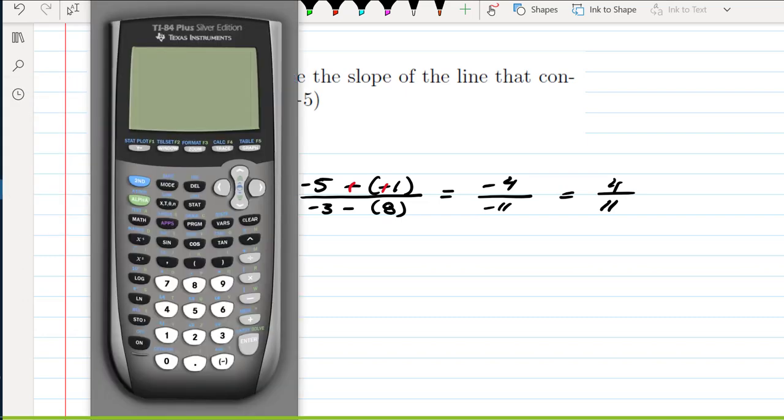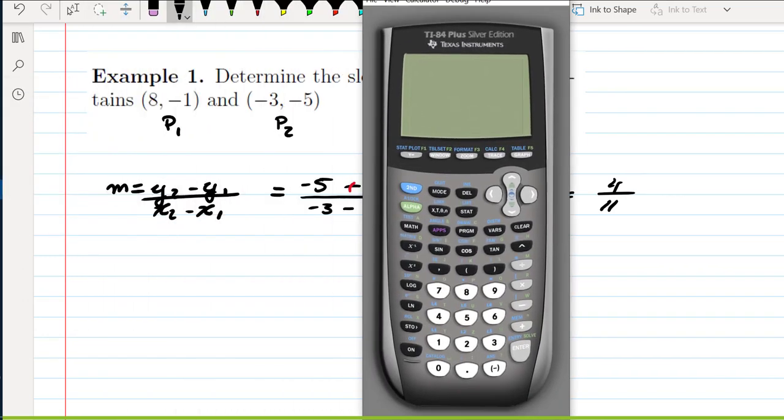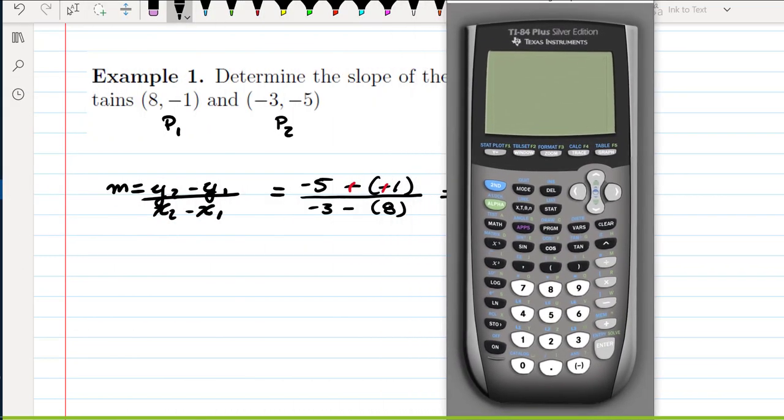And as I've mentioned a few times, there is no reason to do any of this arithmetic by hand. You could have just done this all directly on your calculator by going alpha y equals and typing it in exactly as it was: negative 5 minus a negative 1 over negative 3 minus 8.